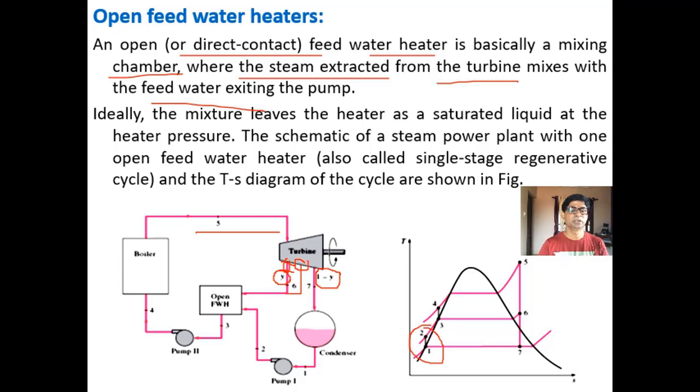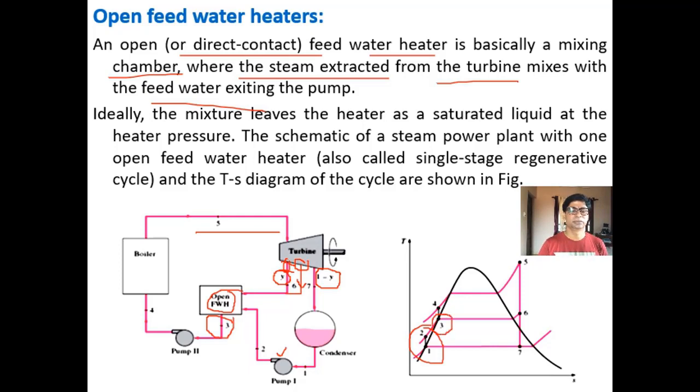Here the pressure is P2, and the bled steam coming from the turbine at this point and the water from pump 1 coming at state 2 mix to reach the saturated liquid state at point 3.